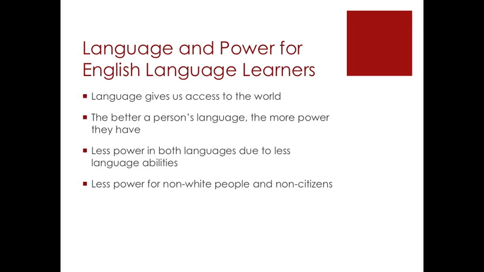We also have a problem in the United States that non-white people and non-citizens have less power, and oftentimes our English language learners are non-white people, and some of them are not citizens. So they have to learn how to advocate for themselves.